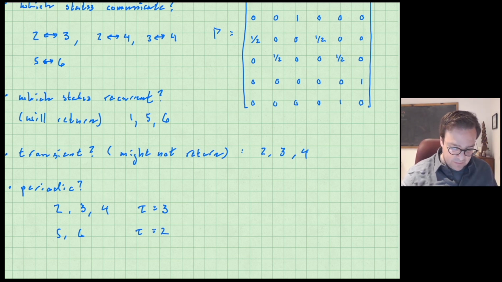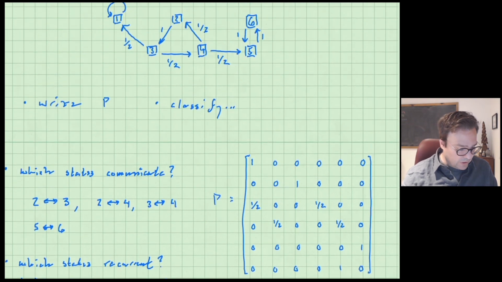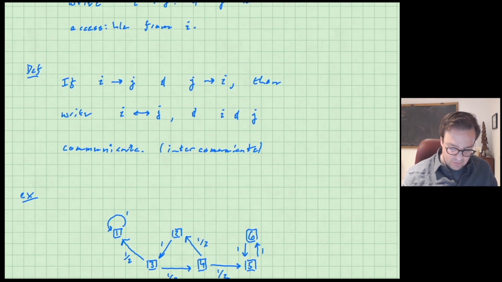I just realized I meant to tell you one last thing up here for communicate and intercommunicate. I forgot to include this bit over here, so let me put this last thing in on the side.